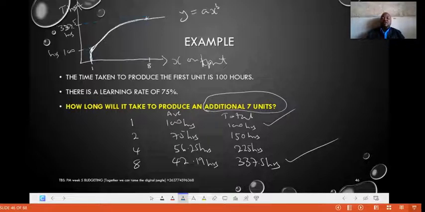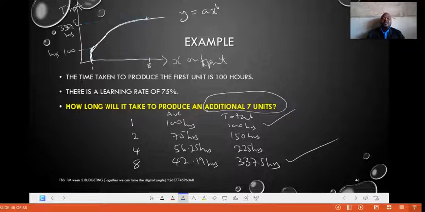So we needed to determine how many hours would be taken by 8 units, which we did, and we discovered that we need to have 337.5 hours on budget. So obviously, the time that will be taken to produce 7 additional units would be the difference.